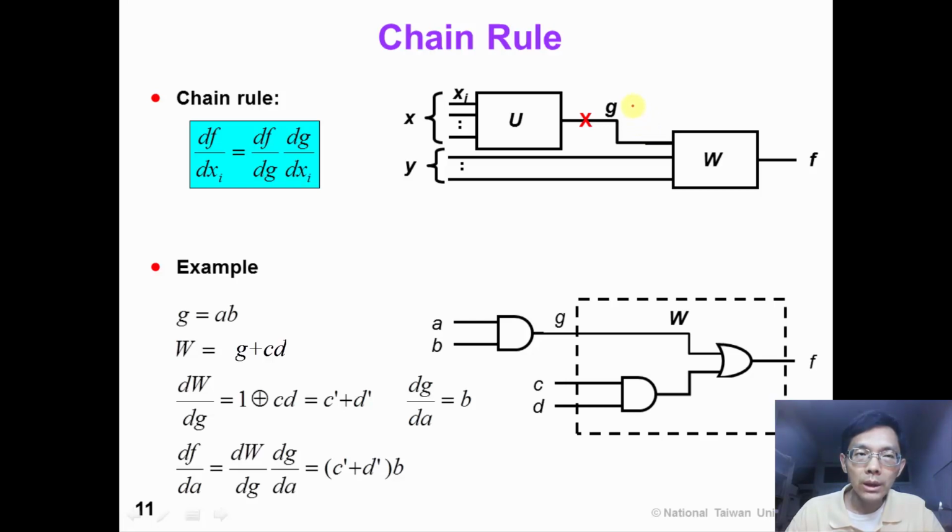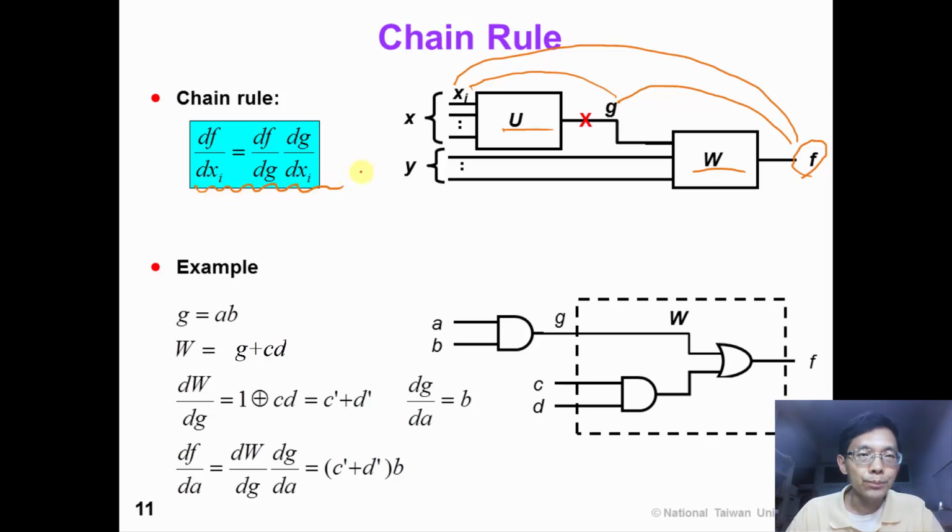Suppose that we can decompose the output f into two functions W and U. If we want to find the Boolean difference of f with respect to input xi, which is one of the primary inputs, we can decompose this into df/dg times dg/dxi. So the chain rule can be written as this, which is very similar to the chain rule in traditional algebra.